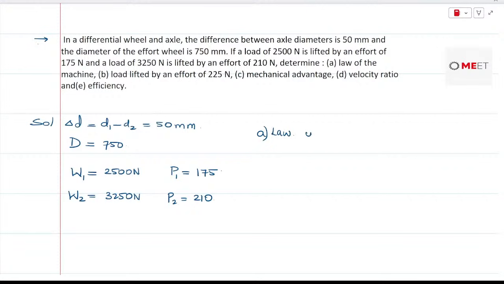So let's begin the computation of the first parameter, that is the law of machine.